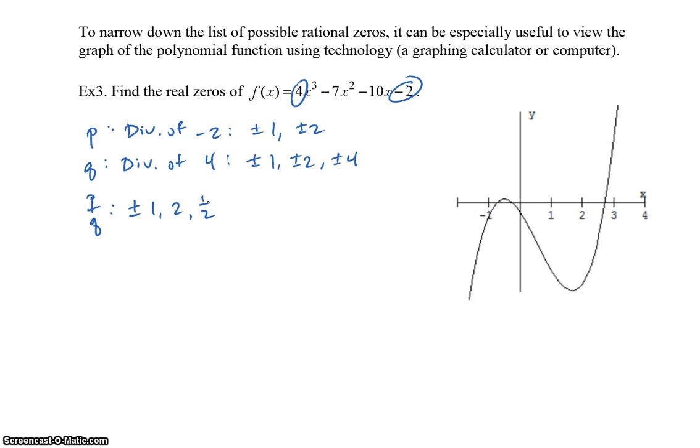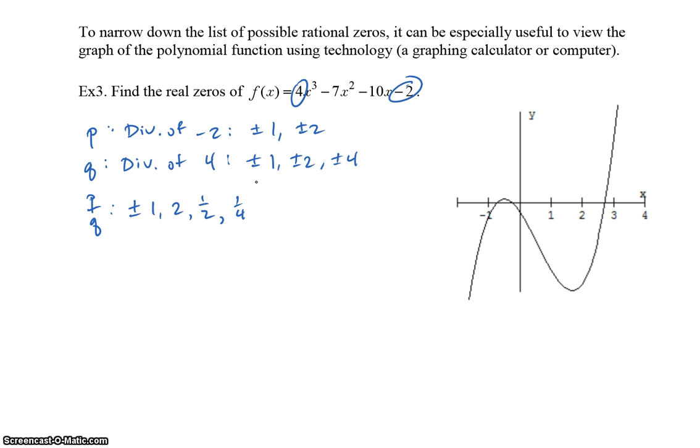And then if we divide 1 and 2 by 4, we get 1 over 4. And then 2 over 4, which is 1/2, which again has already been listed. So the possible rational zeros of our function f of x are plus or minus 1, 2, 1/2, or 1/4.